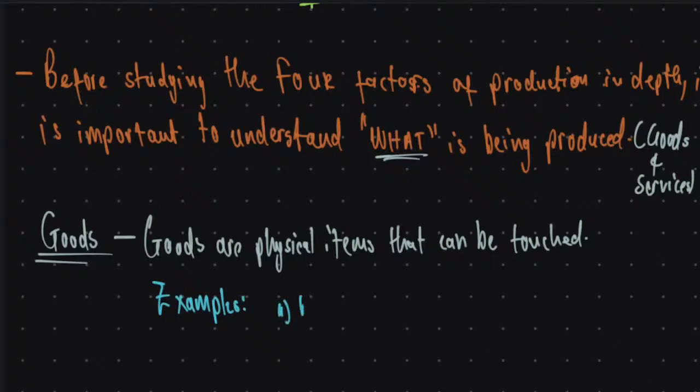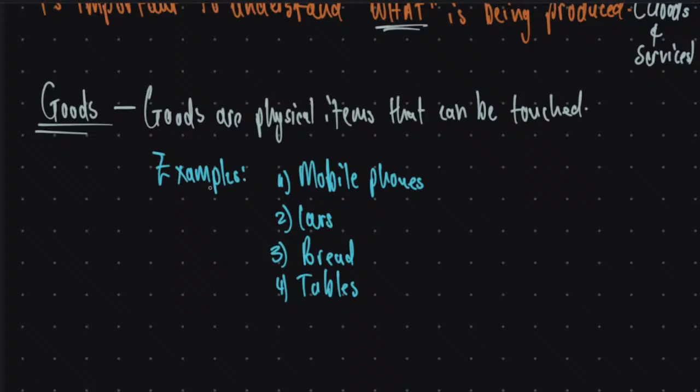you have mobile phones, you have cars, you have bread, you have tables. These are all goods.